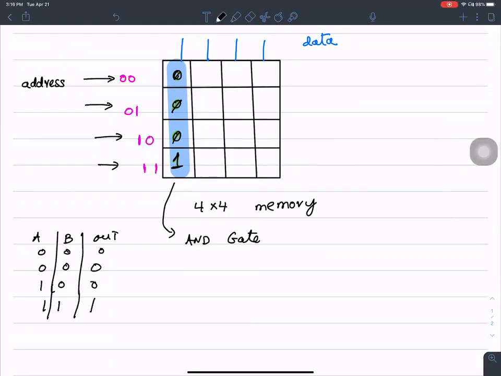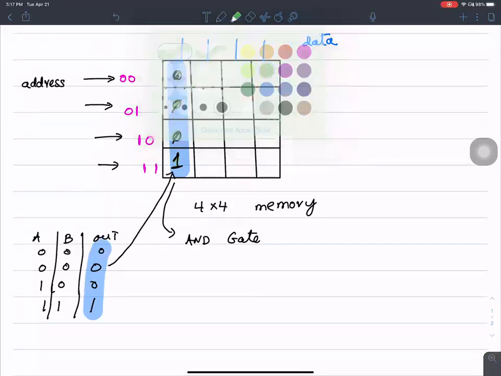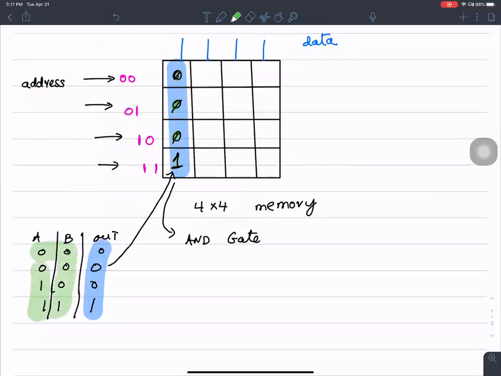So what I have done is this component I have saved in the memory, and these components I applied them as address signals. So by applying, let's say, an address signal of 1, 1, the column corresponding to that comes up.